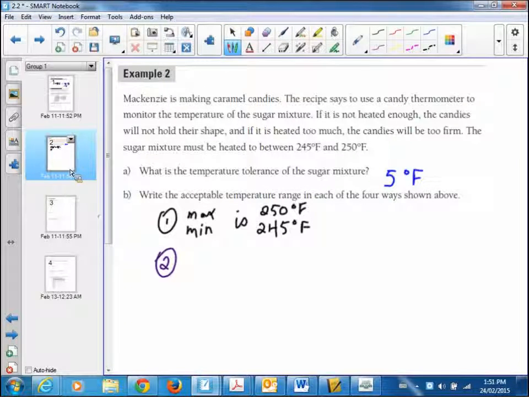The other method uses the nominal value, the average value, plus or minus half of the tolerance. So for this method, what's the average of 245 and 250? What's the midpoint of it?